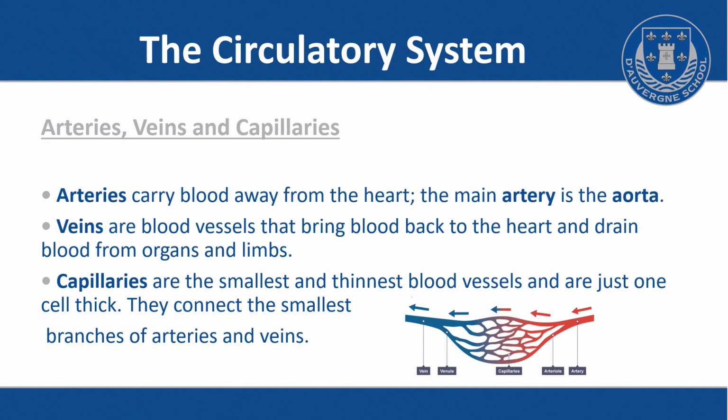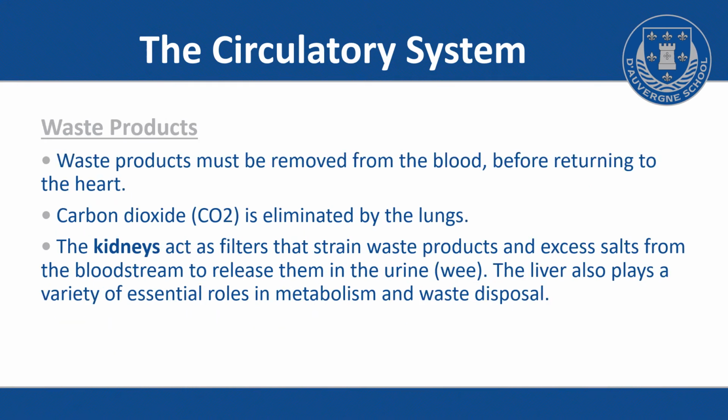So in the diagram you can see on the left hand side we've got veins and on the far right hand side we've got arteries. Now in between, which is an enlarged diagram, we've got capillaries, which are the smallest of those blood vessels.